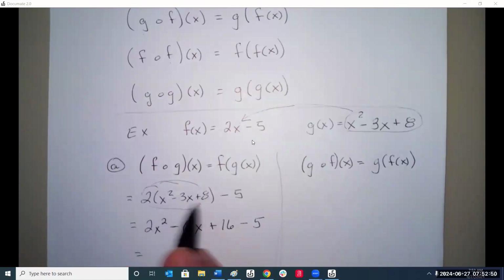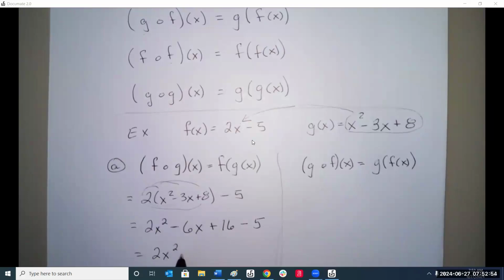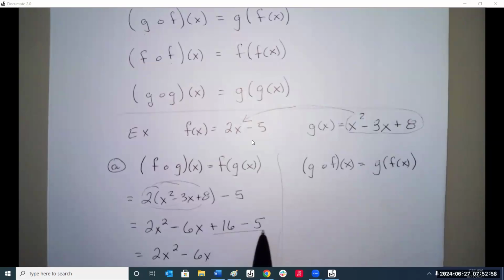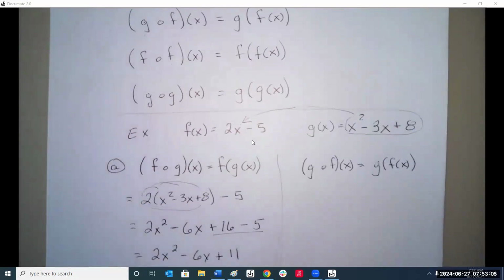Combine like terms. Whenever you get rid of parentheses, first thing you always combine like terms. We have 2x squared minus 6x. And these are opposite signs. 16 is bigger, so it's positive. 16 minus 5 is 11. So that's our answer.